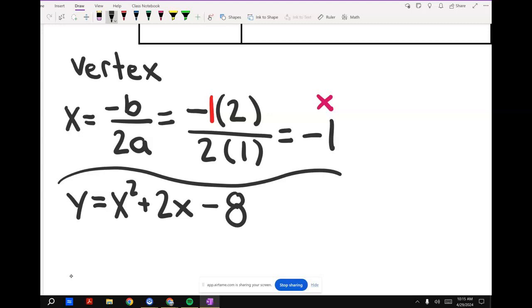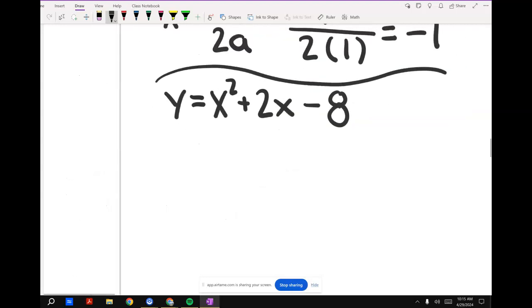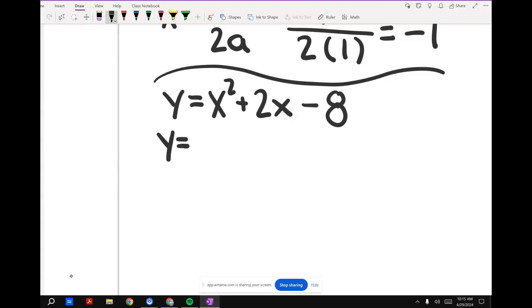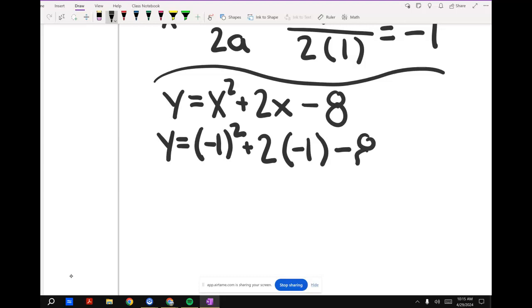Like the step said, we're using the value that we found and substituting that in for x. Anything where we see an x, we're replacing with a negative 1 in parentheses. So we'll say y is equal to negative 1 squared plus 2 times negative 1 minus 8.